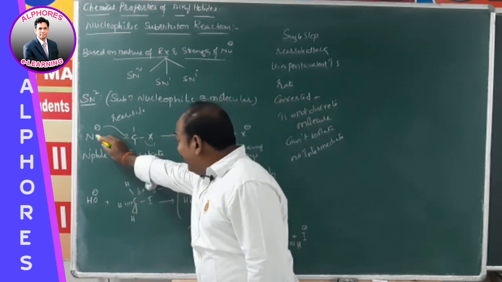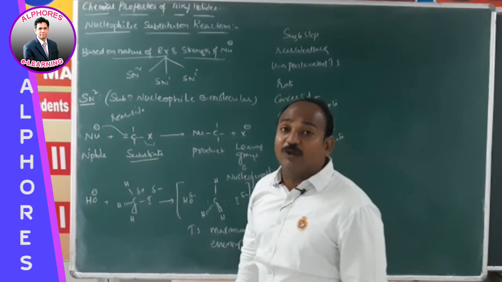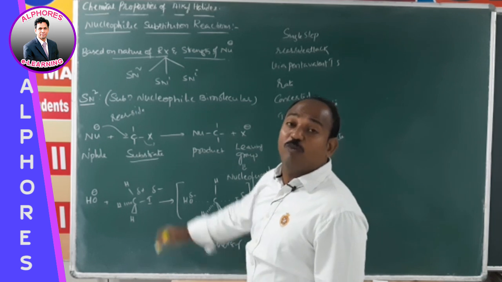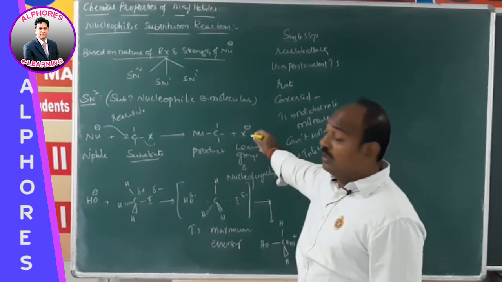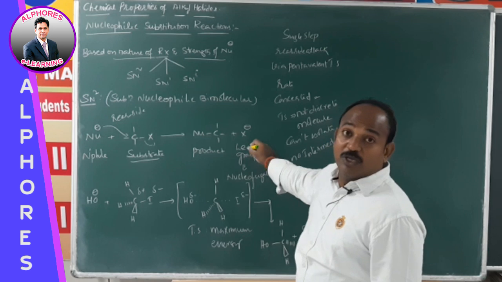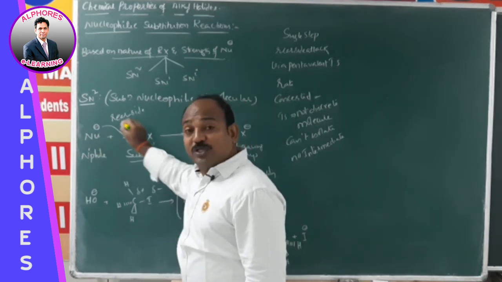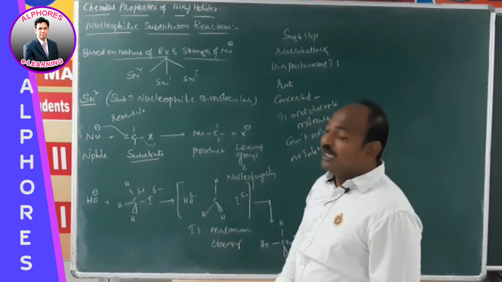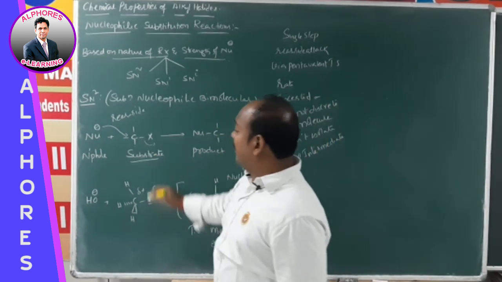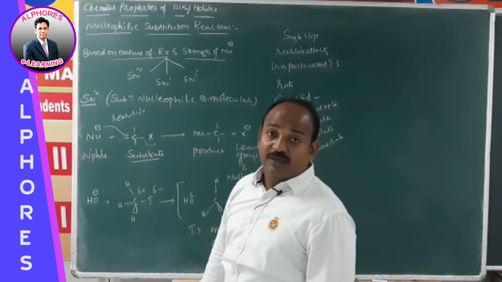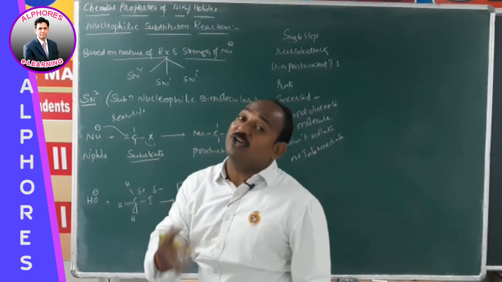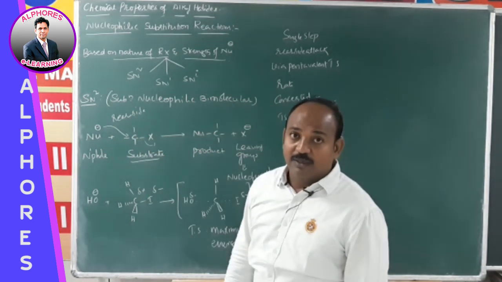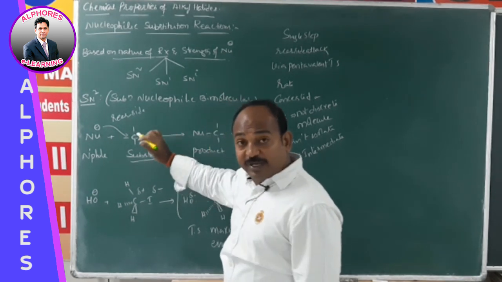When the nucleophile slowly approaches the carbon containing the leaving group, X minus, the leaving group departs slowly. It does not happen like X first leaving as X minus and the carbon existing as a carbocation, with the nucleophile attacking later. Not like that. Here X has to depart very slowly.